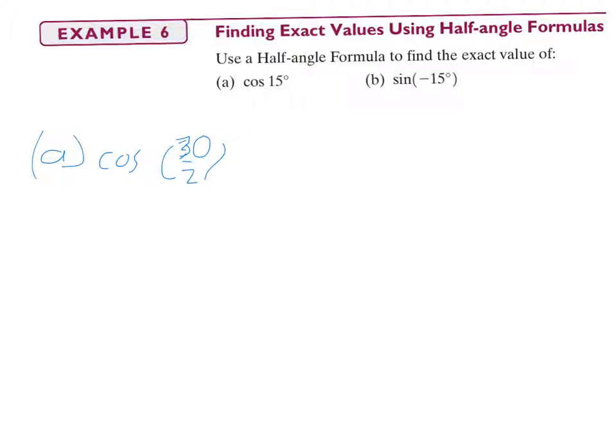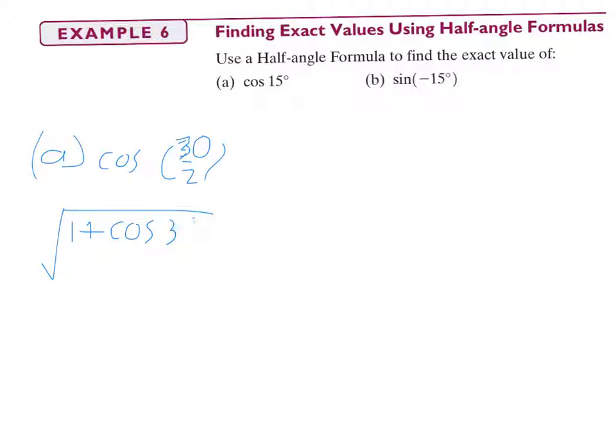Now, we know this 15 degrees is in the first quadrant, so we'd use the positive square root. And then that'd be 1 plus cosine. Our alpha is 30, so 1 plus cosine of 30.